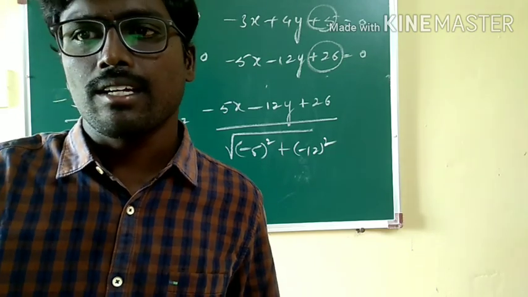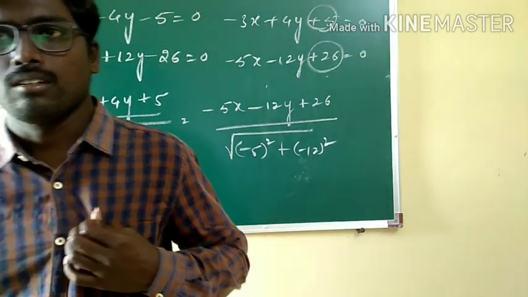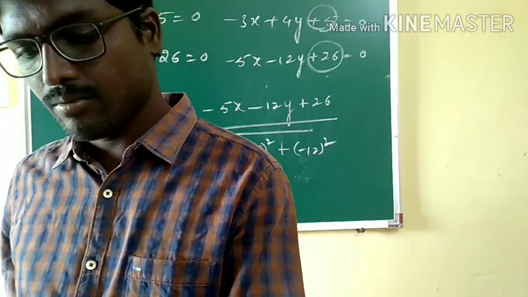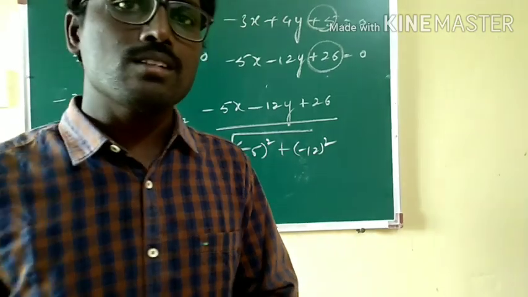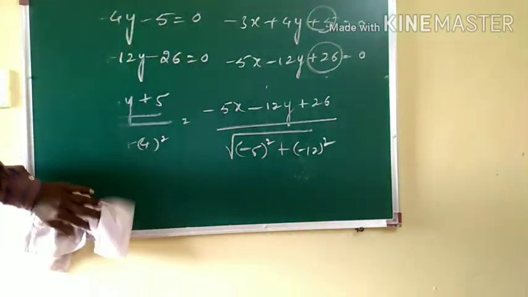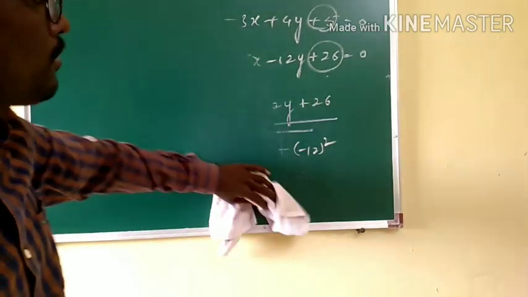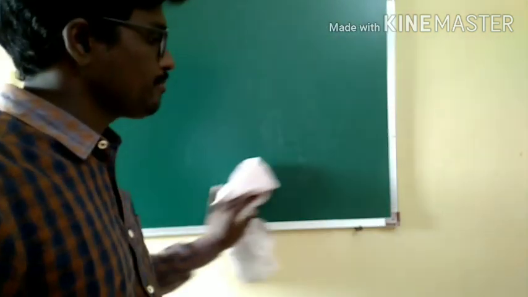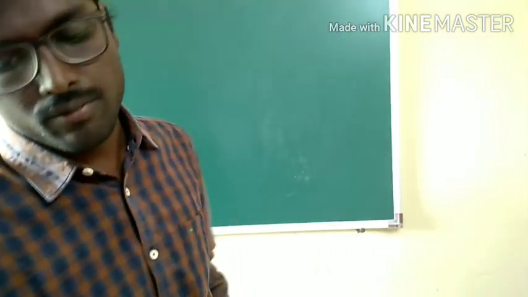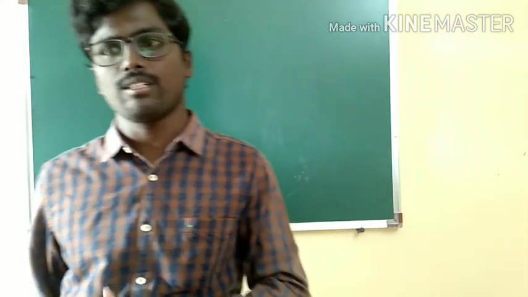These are some results which are useful in solving the problems. Not mandatory to remember, but just keep them in mind. With these important points, we are going to close the theory part of straight lines.